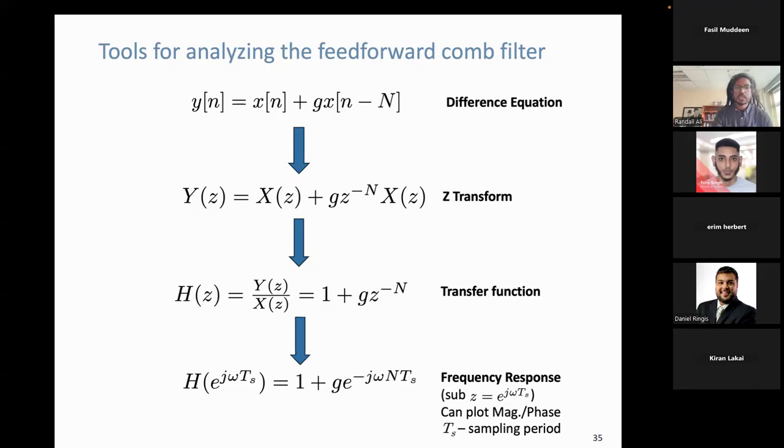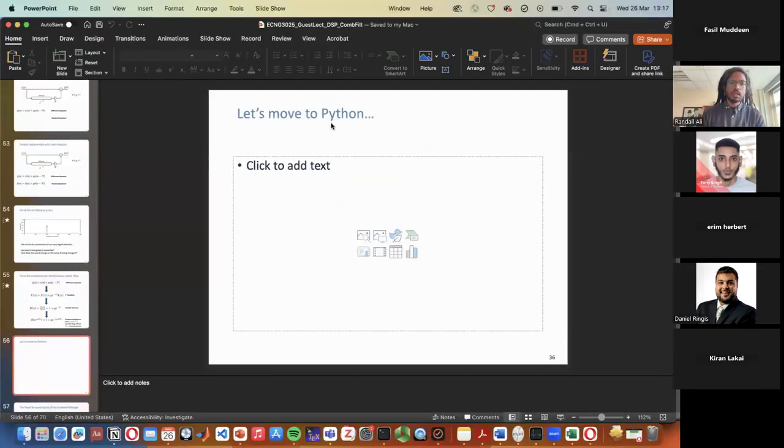So if I replace z with e to the j omega Ts, where omega is the angular frequency and Ts is the sampling period, this allows me to plug in values for any omega and take the magnitude of this transfer function, and I can see, from the frequency point of view, what's probably happening to the sounds here, right? So how about we actually look at that?